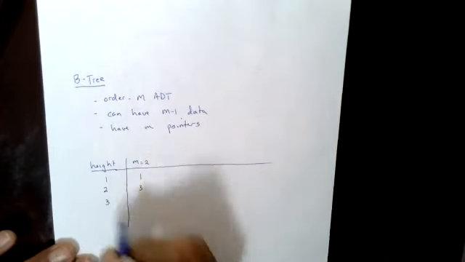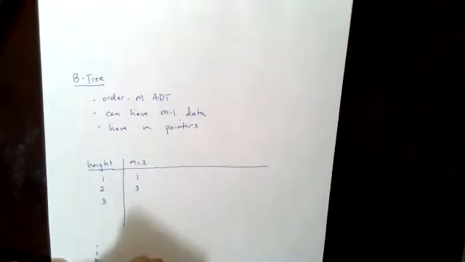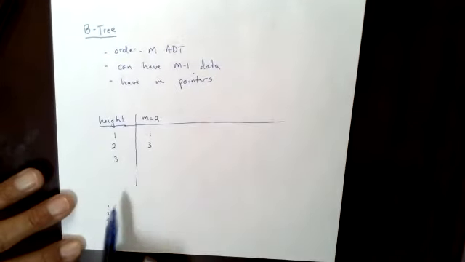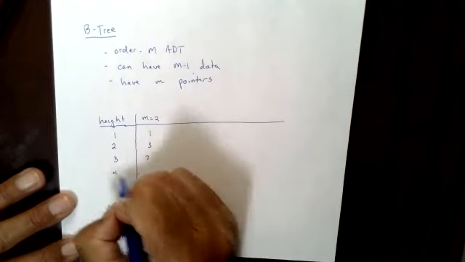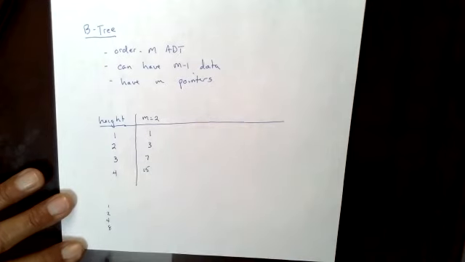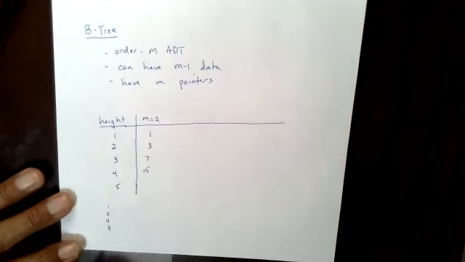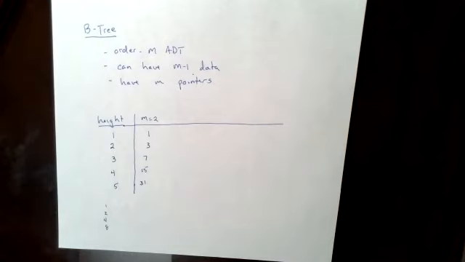When I went to 3, what did I have? 1, 2, 4, then I added 8 more. So a 3 and then plus 4 is 7. And then when I went to the 4th level, I could get 15. And even if I wanted to go to the 5th level, crazy, I'd add another 16. 31 values could be stored in a binary tree of height 5.